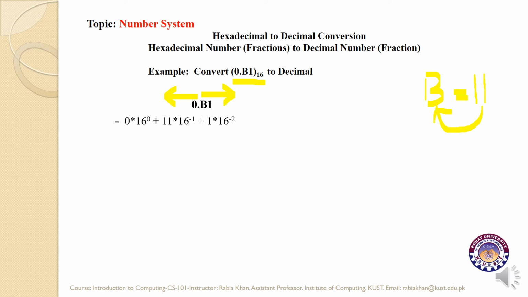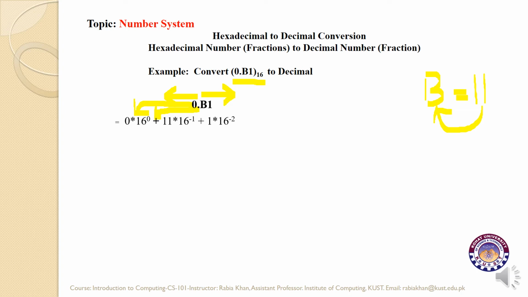So the integer part is multiplied by 16, and the power of 16 starts from 0. The decimal point is replaced with the symbol plus. Why? Because the fractional part will ultimately generate decimal places.